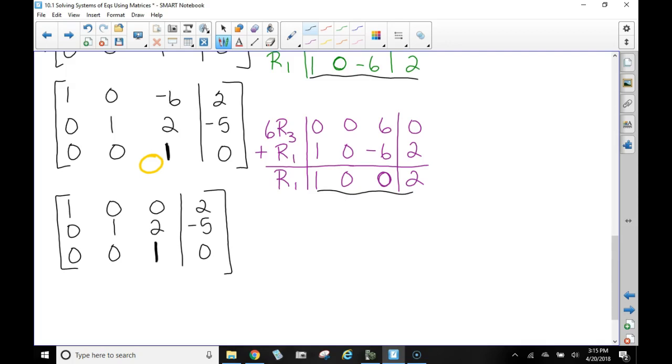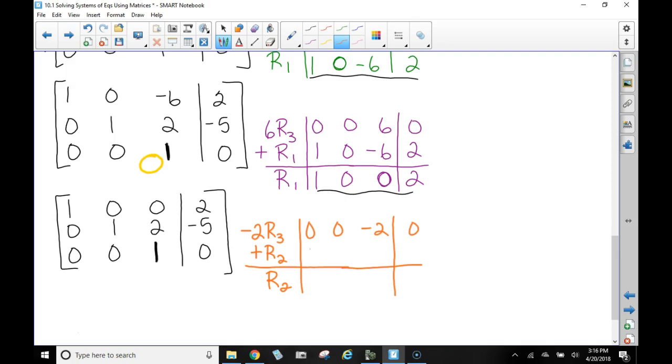To turn that entry into a 0, I can make that happen if I take a -2 times the row 3 added to row 2 to get my new row 2. Okay? So, -2 times row 3, y'all, that's just going to be 0, 0, -2 augmented with 0. Right? -2 times row 3.